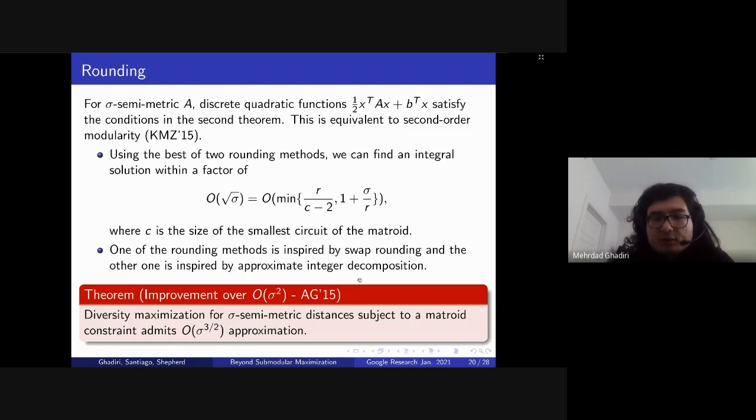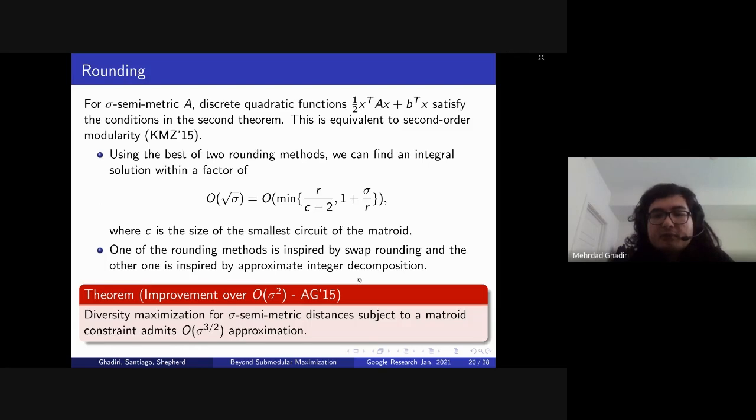Combining this with the continuous part gives us an O of sigma to the 3/2 approximation for maximizing these so-called sigma semi-metric diversity functions, or discrete quadratics, which is an improvement over the previously best known approximation of sigma squared.